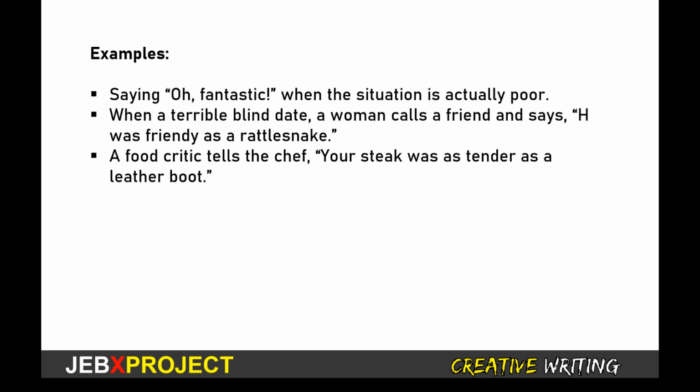So that is an insult, that is a sarcasm, that is a verbal irony. Another one, a food critic tells the chef, "Your steak was as tender as a leather shoe." So the line is an insult, meaning the steak was not good at all.